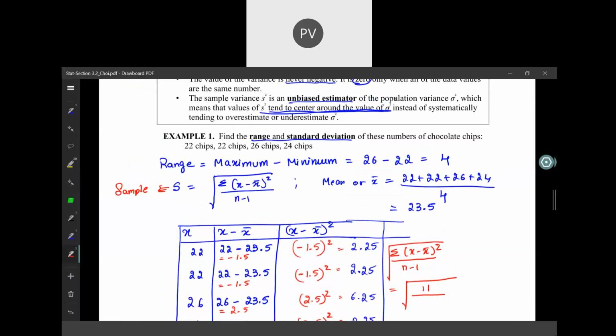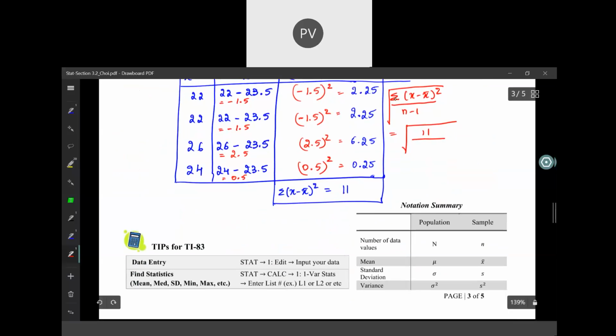How many values do we have? 1, 2, 3, 4. 4 minus 1 is 3. So square root of 11 divided by 3 will be approximately 1.915. Okay.